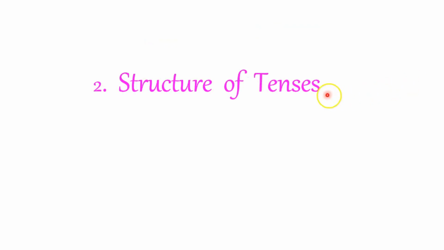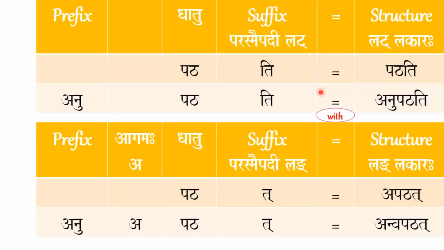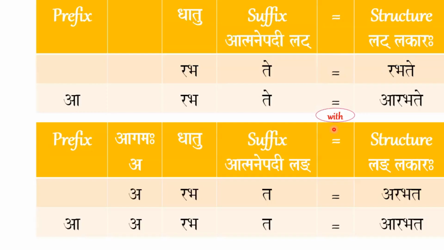Number two, the structure of tenses in pairs, like the structure of Parasmepadi lat lakarah with the structure of Parasmepadi lan lakarah, and the structure of Atmanepadi lat lakarah with the structure of Atmanepadi lan lakarah.